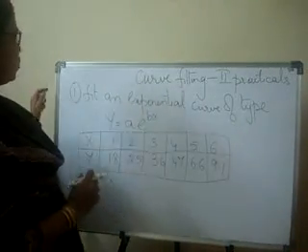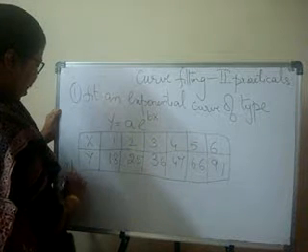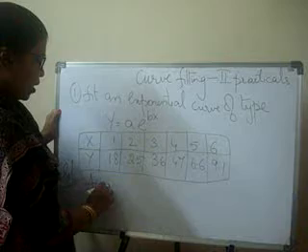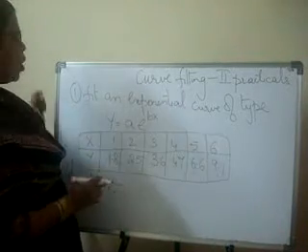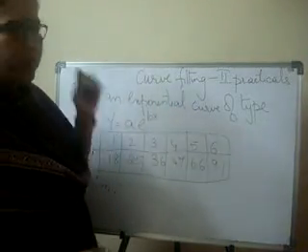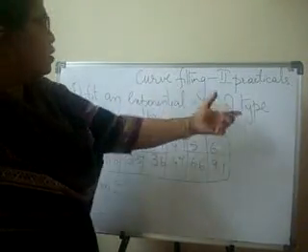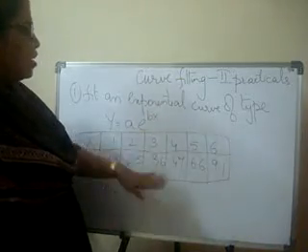In the previous class, I have told that we should start with the aim. Now, what is our aim? See your question properly and then we have to write our aim. So, the question is fit an exponential curve of type y is equal to ae power bx to the given data.